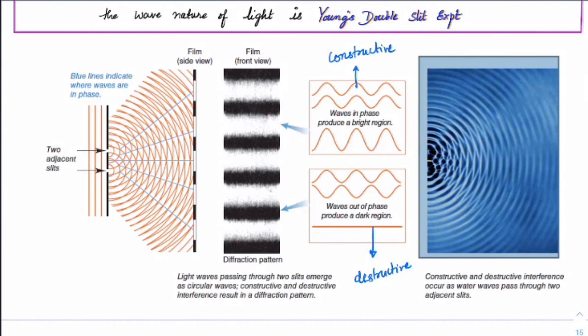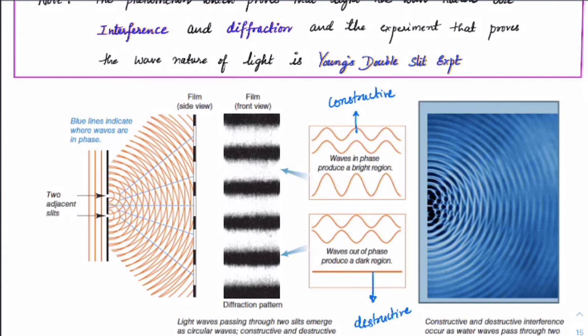Diffraction is when light passes through a slit, it does not go in one direction, it gets expanded throughout the region. This phenomenon of light expanding is called diffraction. You can feel it when light comes through a small slit into your room, you will see the light slowly spreads out.